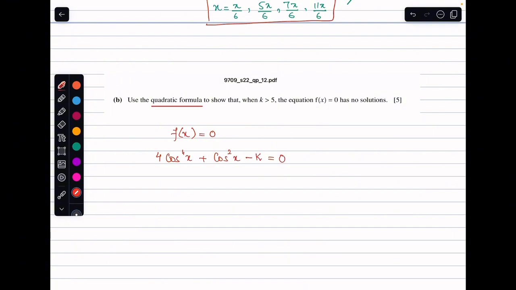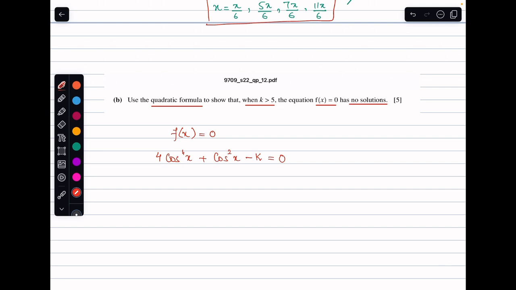Use the quadratic formula to show that when k is greater than 5, the equation f of x equals 0 has no solution. So it should be having no solution, and we have to use the quadratic formula, and the function that is given is in terms of cos square x or cos to the power 4x.